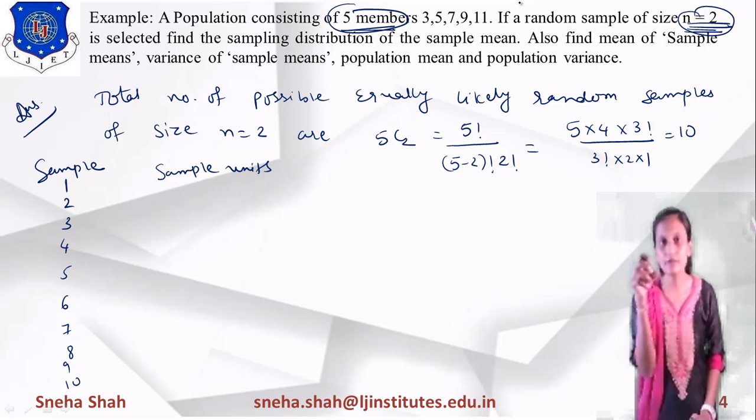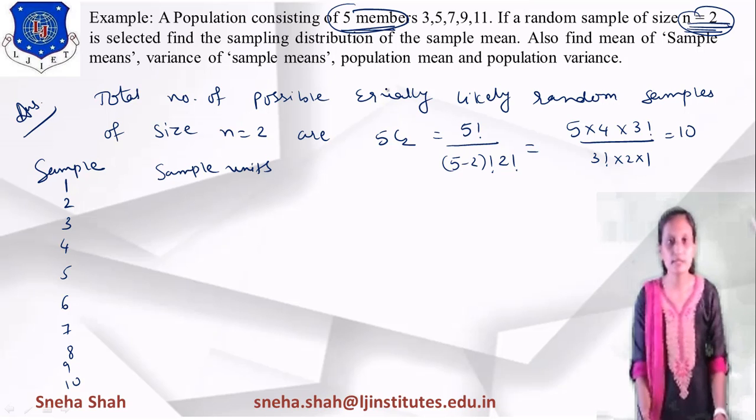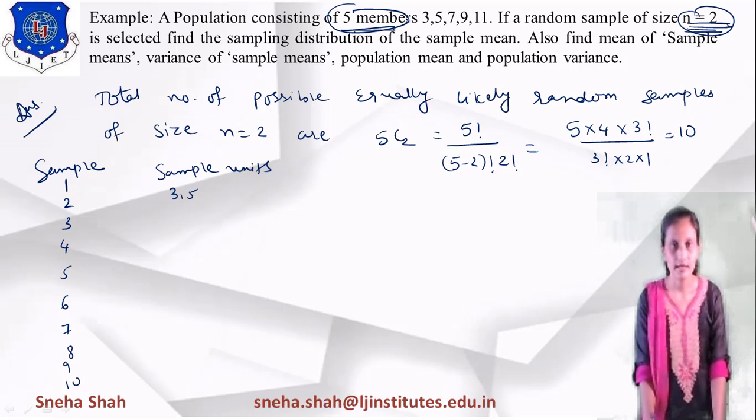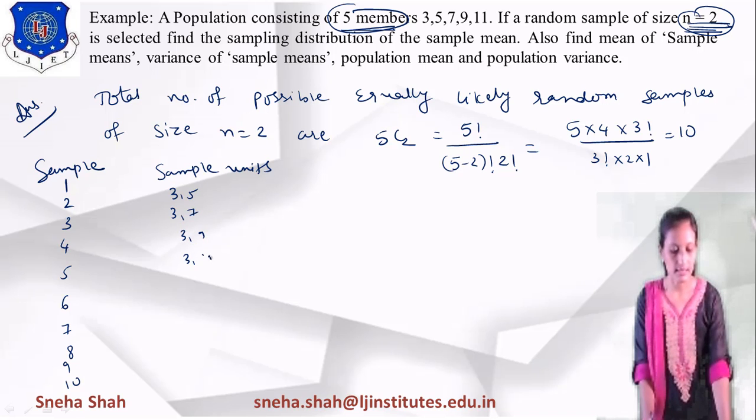Suppose I take the first group as 3 and 5, so I will write it like this: 3, 5, then 3, 7, 3, 9, 3, 11. Likewise, I take the different sample units: 5, 7, 5, 9, 5, 11, then 7, 9, 7, 11 and 9, 11. So this type of combinations will be there.